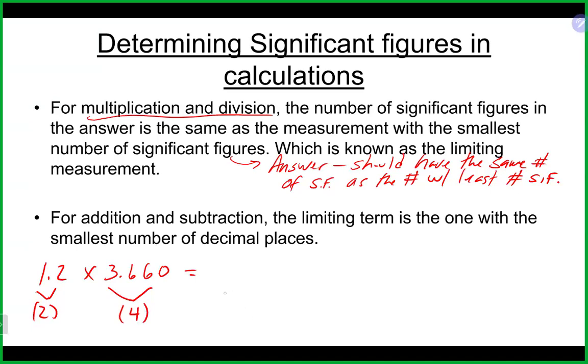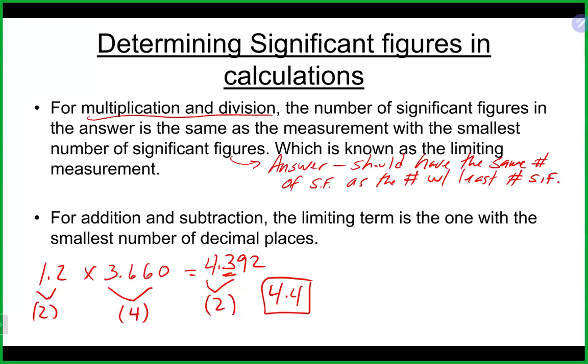That means my answer here should have 2 significant figures. On my calculator, 1.2 times 3.660 gives me 4.392. Technically I should look at my 9 and round up, and we end up at 4.4 as 2 significant figures.